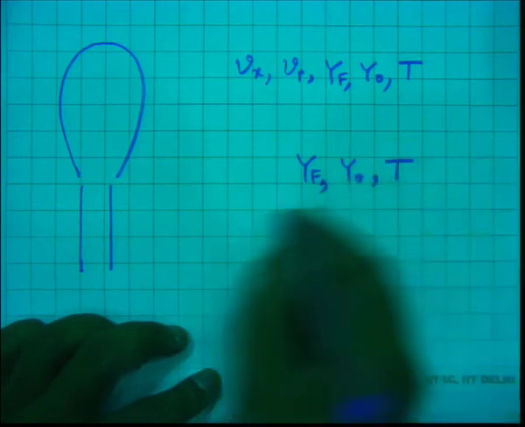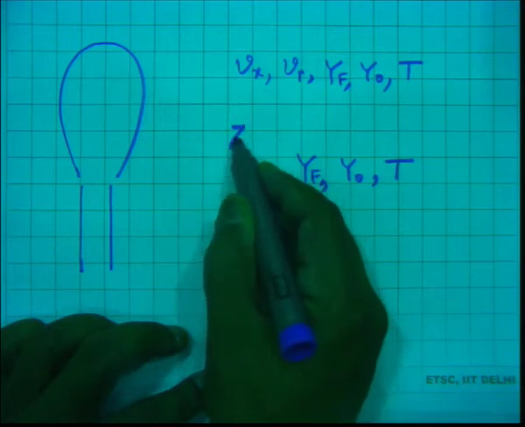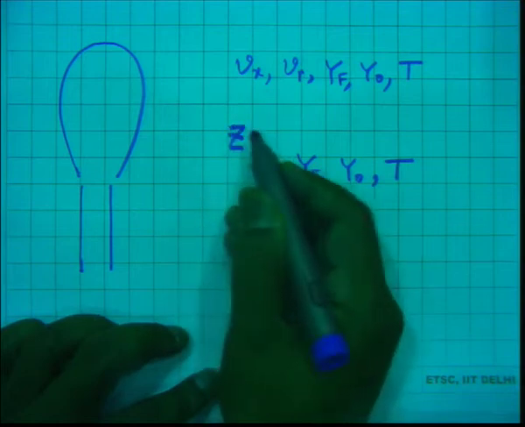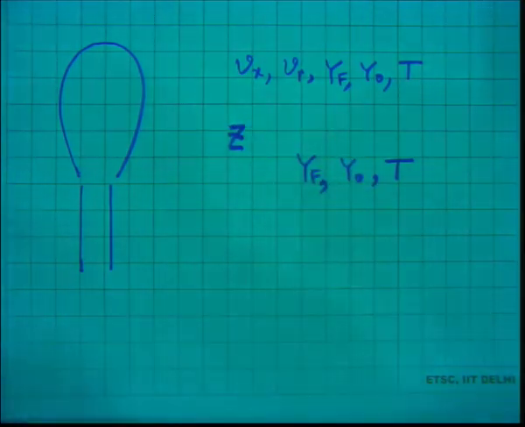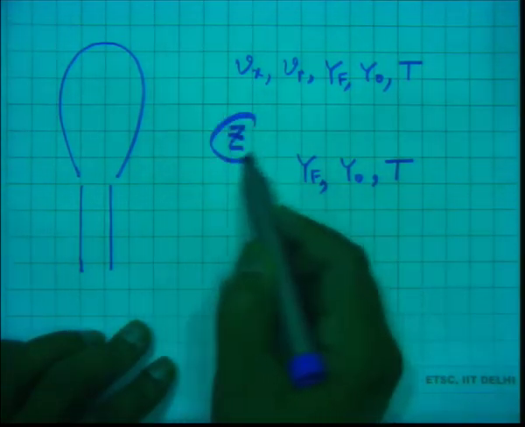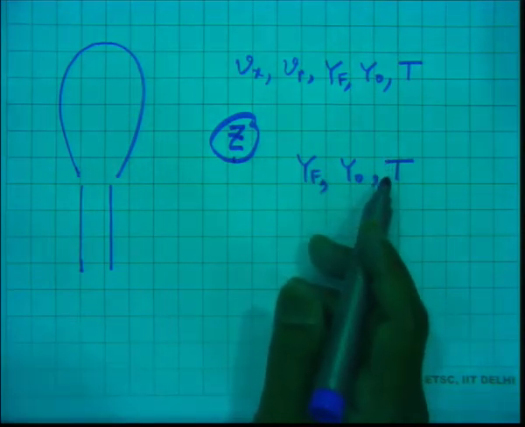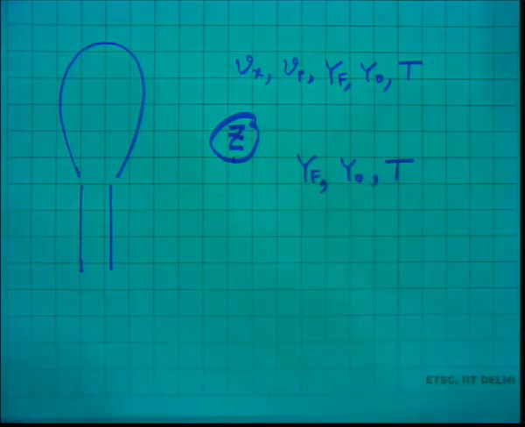Now, we are trying to solve YF and Y oxidizer along with temperature. We want to get all this, but to get all this we will first try to get Z, which is the mixture fraction. So, we now understand that it will be easier to first get Z, and then once we get Z, using those relationships which we got inside the flame and outside the flame, those are actually called state relationships.